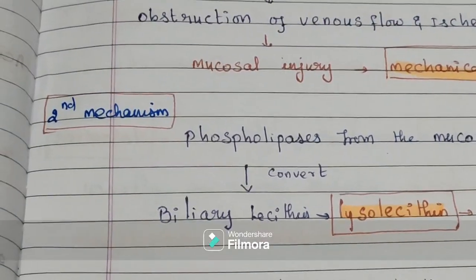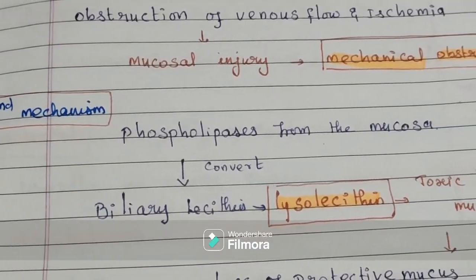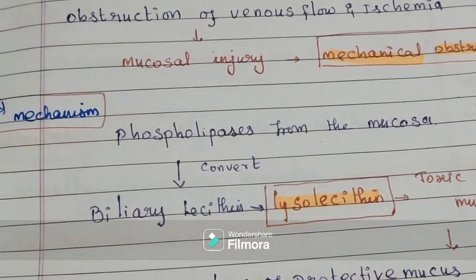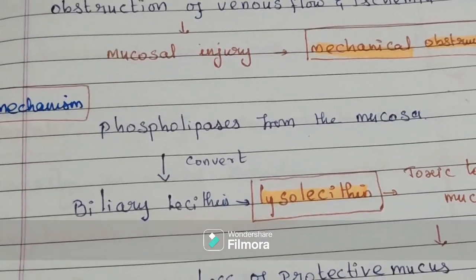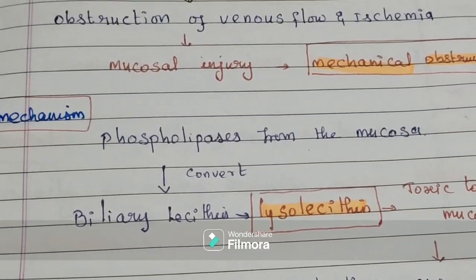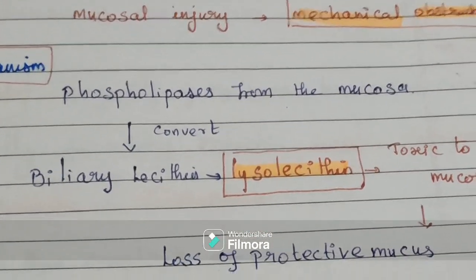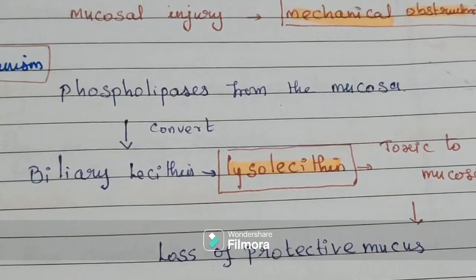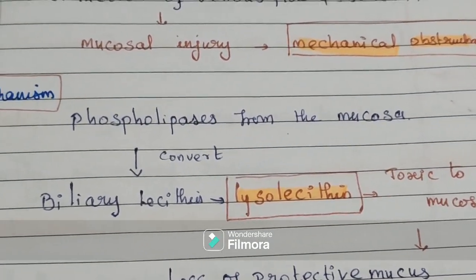The second mechanism is because of phospholipase which is released from the mucosa. Phospholipase converts the biliary lecithin to lysolecithin.